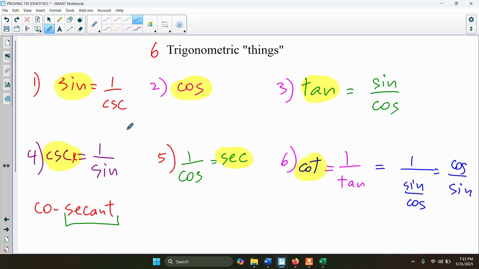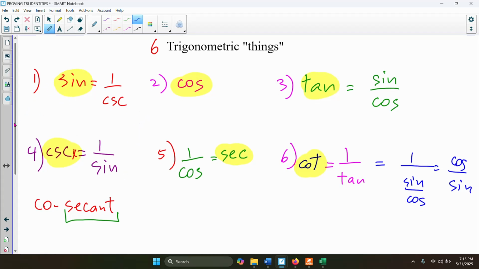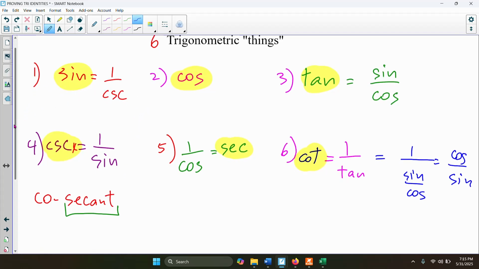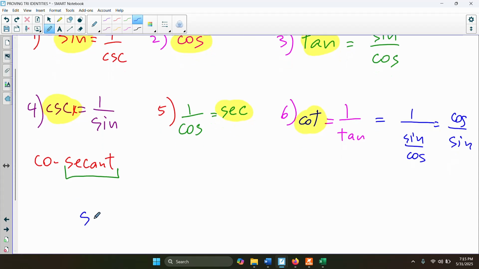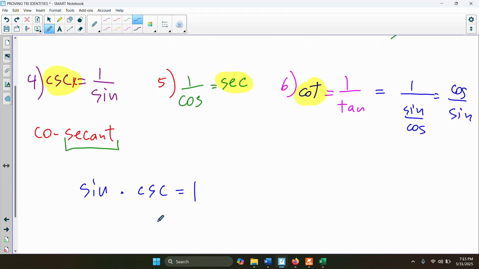Anyway, as an immediate byproduct of this, when I say, well, what is sine times cosecant? Basically, it's a reciprocal. Well, it's automatically 1. Because remember, sine is sine, and cosecant is 1 divided by sine.